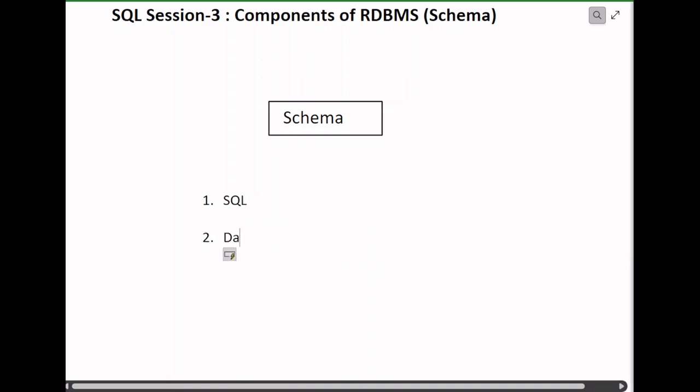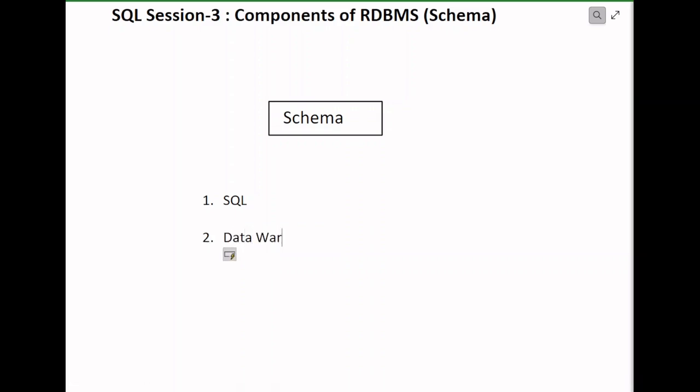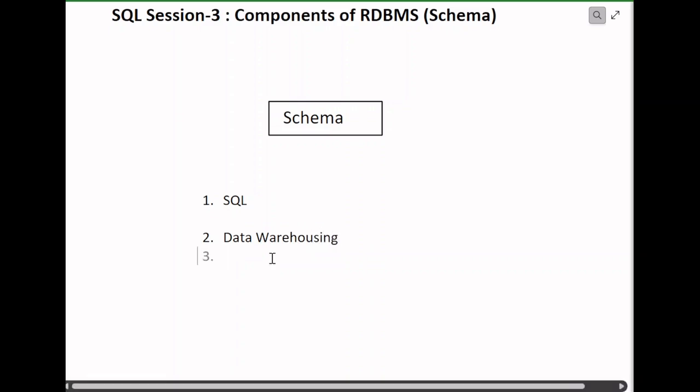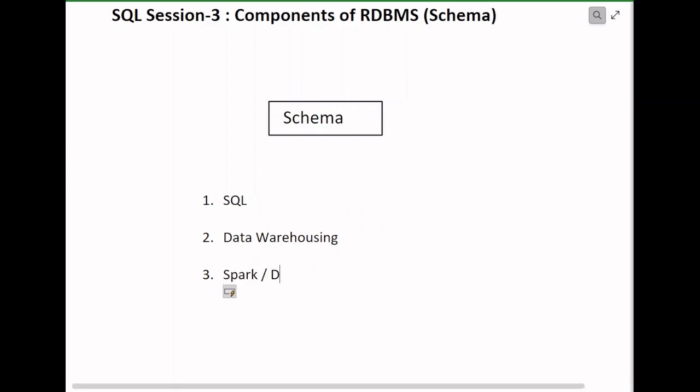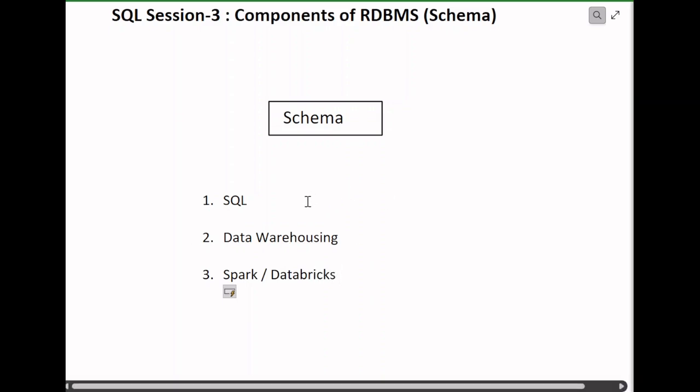In the world of data warehousing, it has a separate meaning. And in the context of Spark or Databricks, it has another separate meaning. Even though this video is only about schema in SQL, it's better to know the other meanings, so we'll see each context in short.